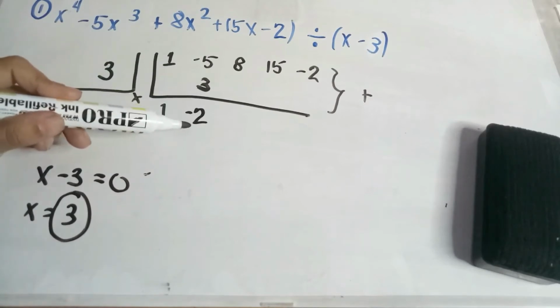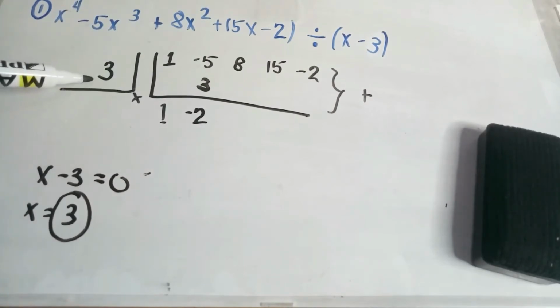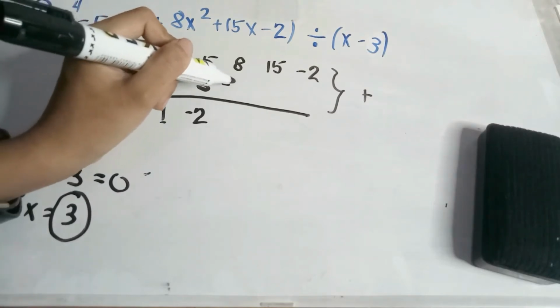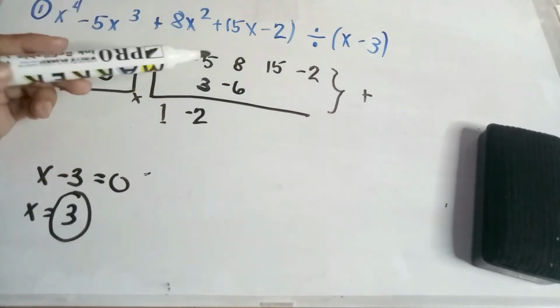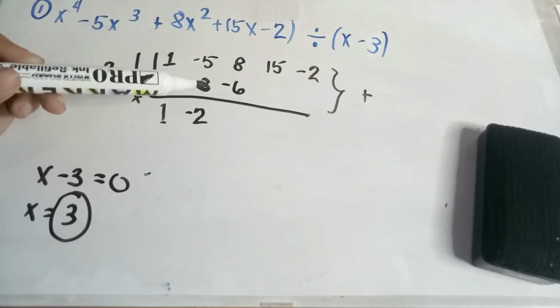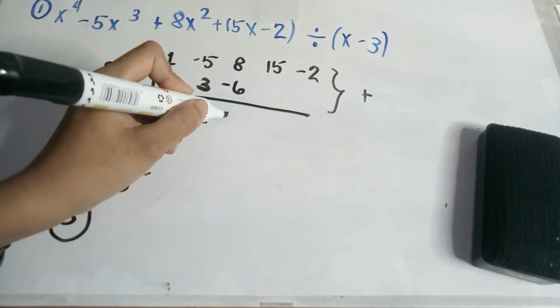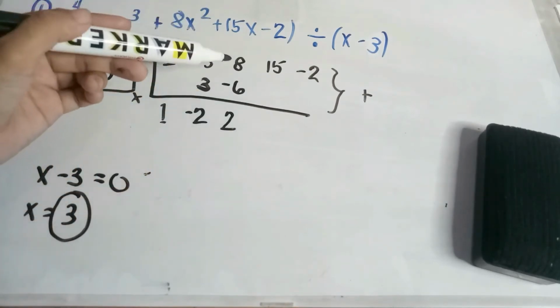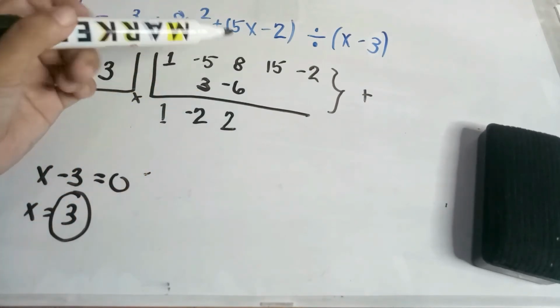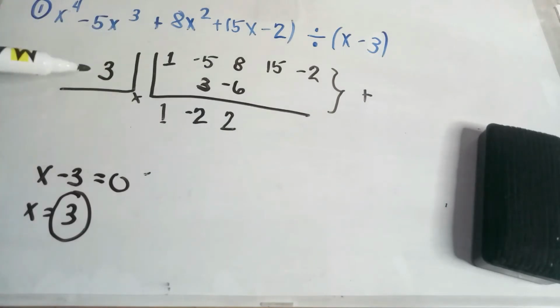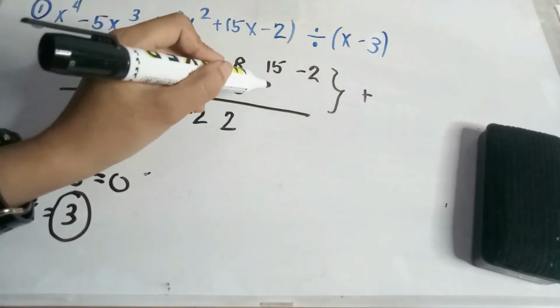The negative 2, same process, times 3, that is negative 6. Then 8 plus negative 6 is positive 2, because the larger number is 8. Then 2 times 3, so we have 6.